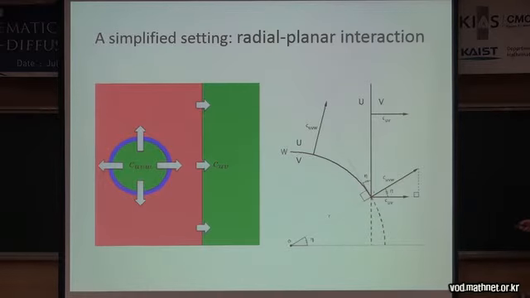If we again think of the fronts as independently propagating, the angle between the two fronts will have to tend to the critical angle, because the horizontal component of the speed of the radial front will have to equilibrate the horizontal component of the speed of the planar front.